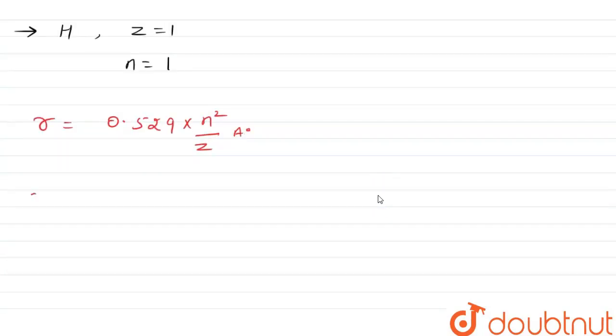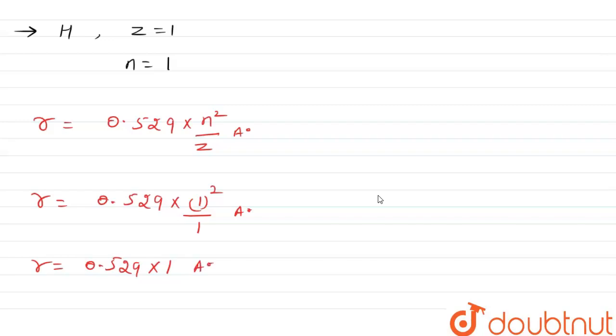The radius comes out to be 0.529 into n square, where n is 1, so 1 square, divided by Z, where Z is again 1, in angstrom. So the radius comes out to be 0.529 into 1, which is 0.529 angstrom.